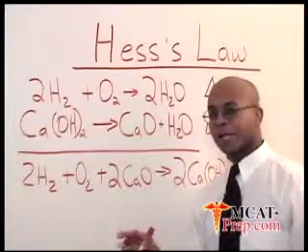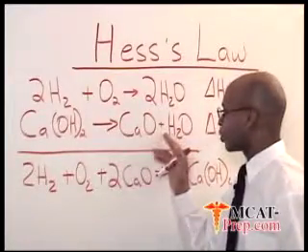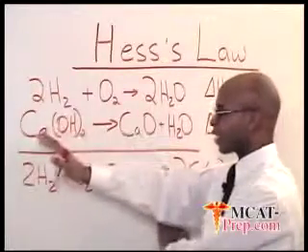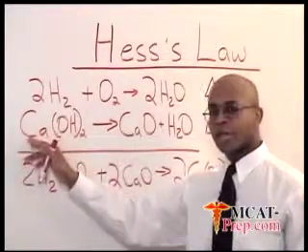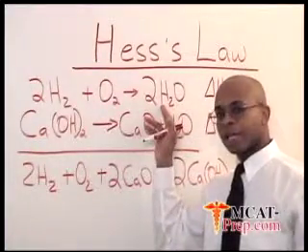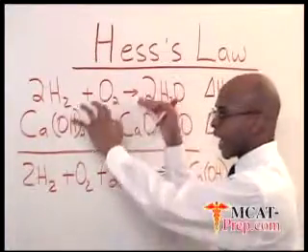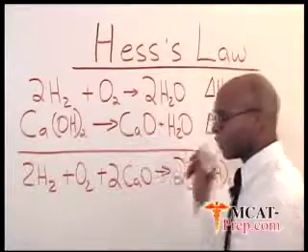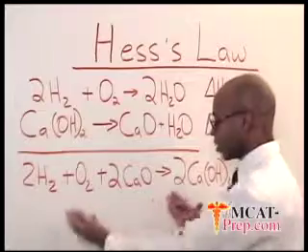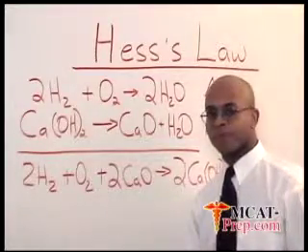And that seems to work out quite nicely, because then we'll have 2 times water. When we switch this over to the other side, we have 2 times water on the left-hand side, and we have 2 times water on the right-hand side of this equation. So when we add up the equations, we would be able to cancel the 2 times water from both sides. Then we would end up with exactly this equation.